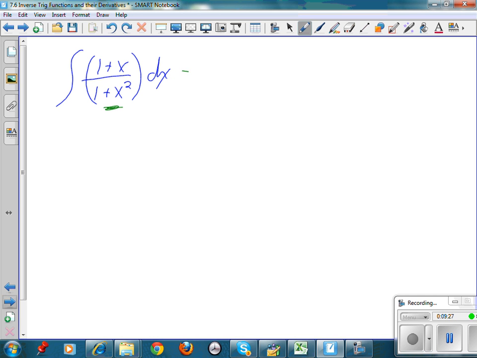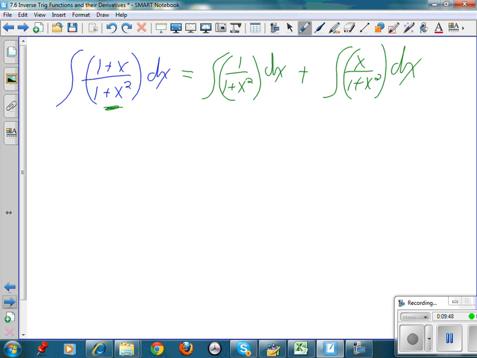And so the first thing I do is, since I see that, I see kind of a simplification. I'm going to break this up into 2 integrals, 1 over 1 plus x squared dx plus x over 1 plus x squared dx. See how I did that?